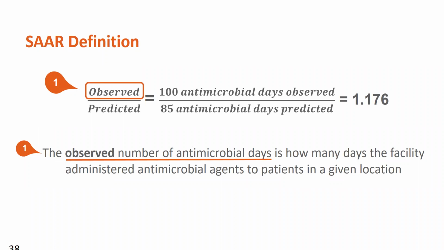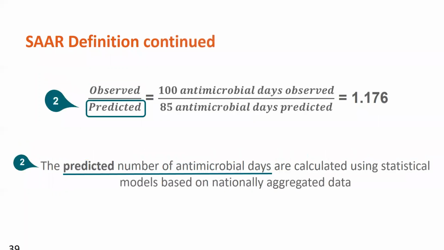The observed is just how many days your facility administered those specific group of agents to the patients in that location. And the predicted is calculated using our statistical models based on the nationally aggregated data.